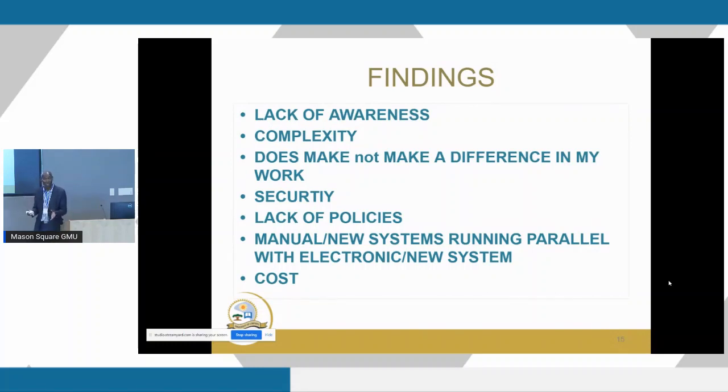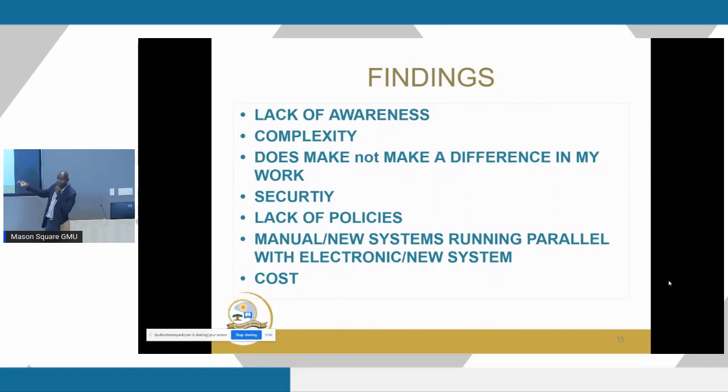So the institution does not adopt it formally, although people are using it informally. So it's very important in terms of policy development that we make sure there are policies within the institution in terms of how this technology is going to be used.